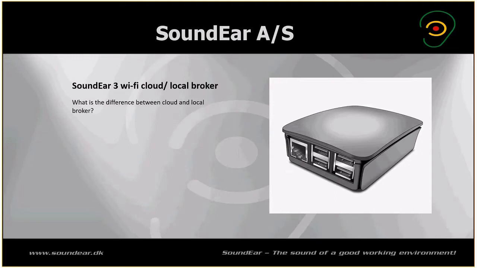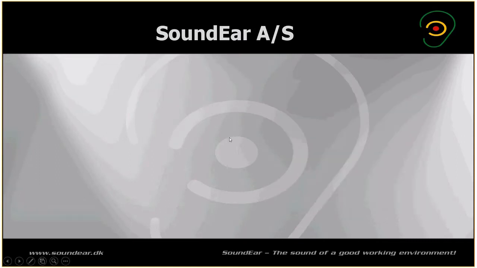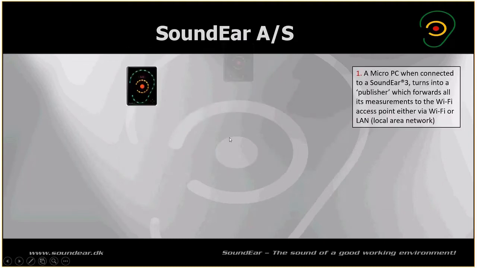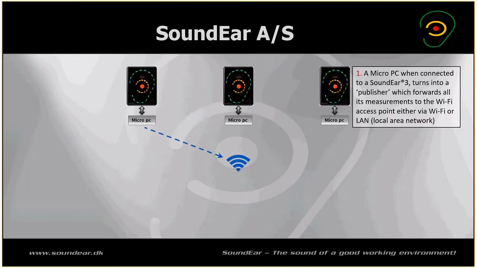So the difference between cloud broker and local broker and how the whole communication system works. The micro PC, when connected to a SoundEar 3, turns into a publisher and it forwards all its measurements to the Wi-Fi access point, either via Wi-Fi or the local area network. This is for if you're using a local area network.